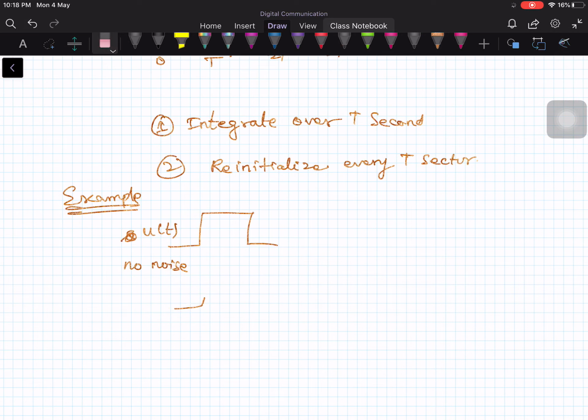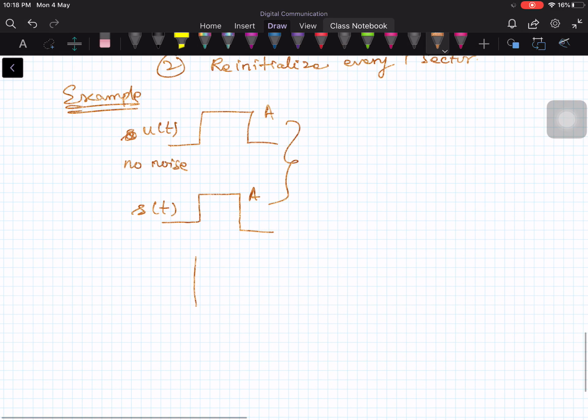Let me draw properly. Okay, this is a locally generated signal. Multiply this and that. Let's say the amplitude is A and this amplitude is A. Once you do the multiplication, you will have a pulse like this, and this amplitude is A square. The duration is 0 to T.